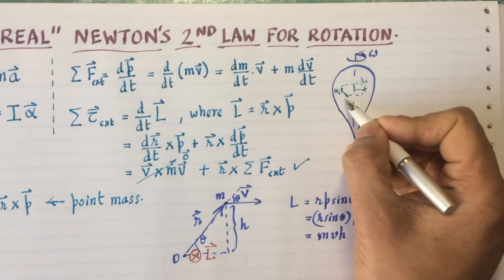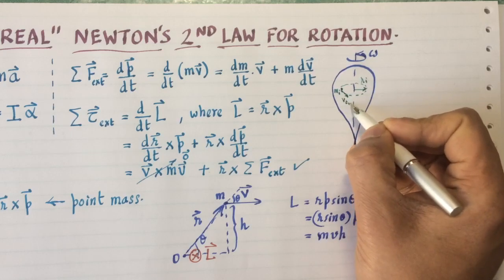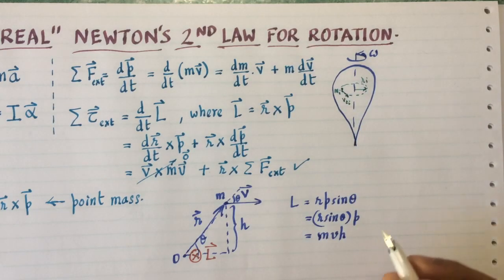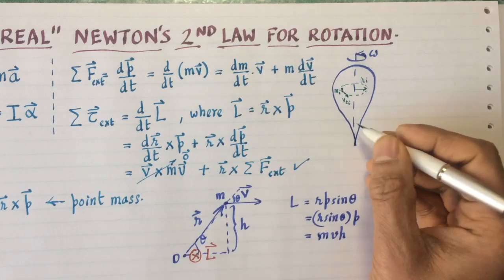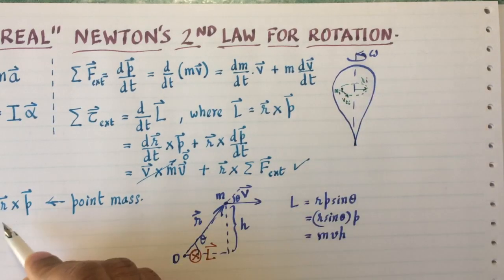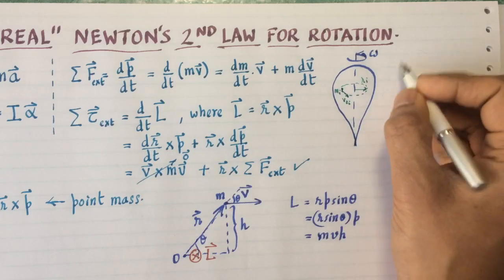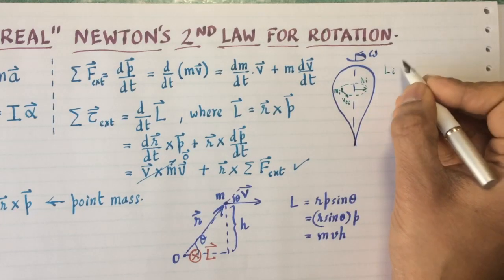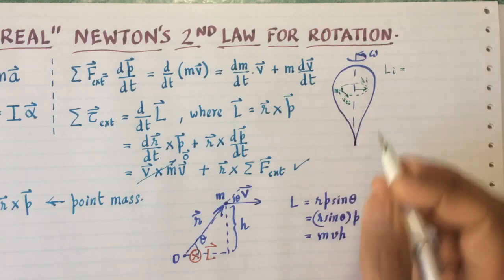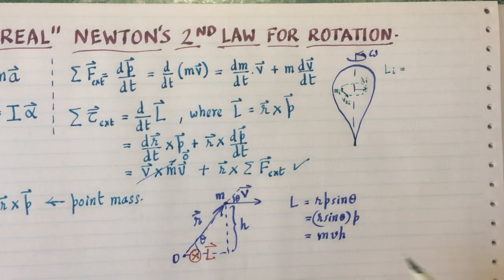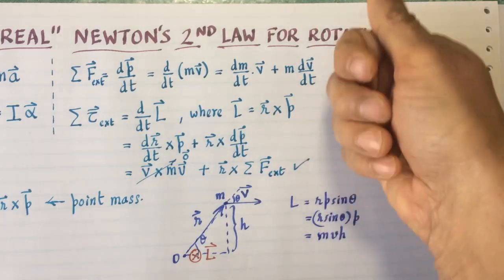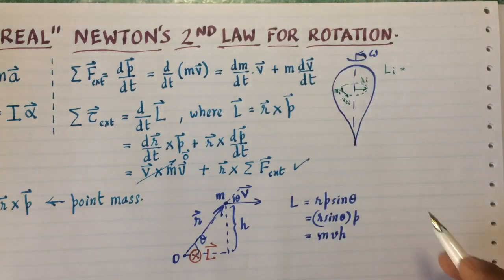And the mass point has got a tangential speed, which I'll call v tangential sub i. So the angular momentum can be found by taking the formula for the angular momentum for a point mass and simply summing it up. The direction is going to be r cross p, in the same direction as the omega vector.